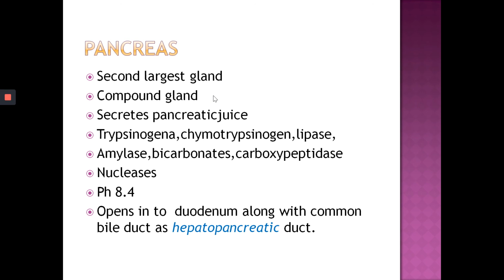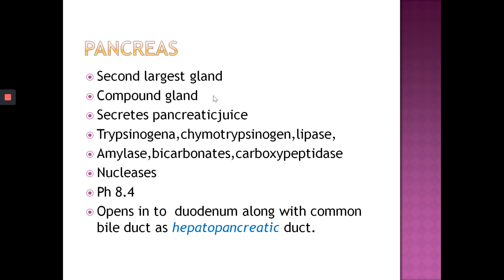It acts as a digestive gland and also as an endocrine gland that secretes hormones. That's why it is known as a compound or mixed gland.